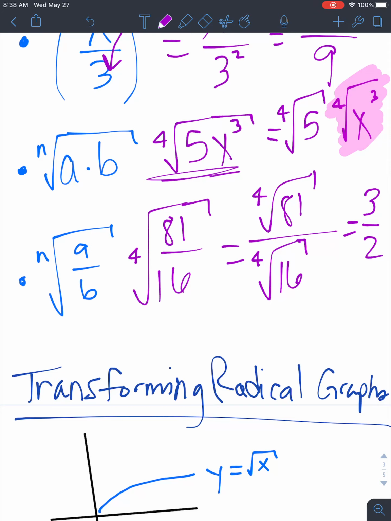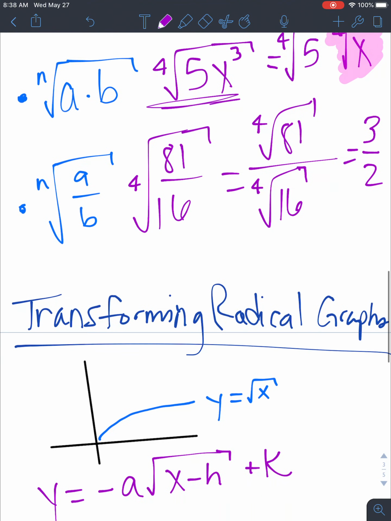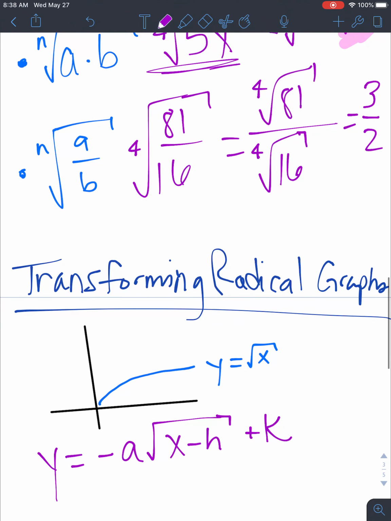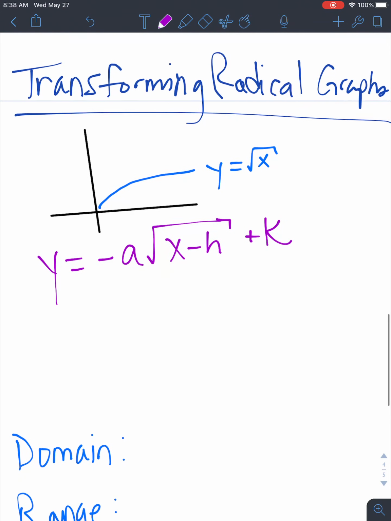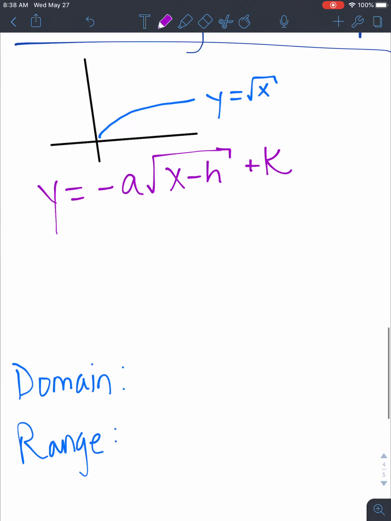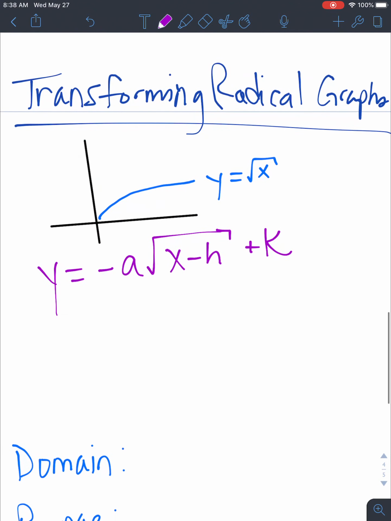All right, so those were all of your properties of rational exponents and of radicals. And we used those a lot, especially in the second half of chapter 5. But what we ended with in the first half of chapter 5 is this transformation of radical graphs.